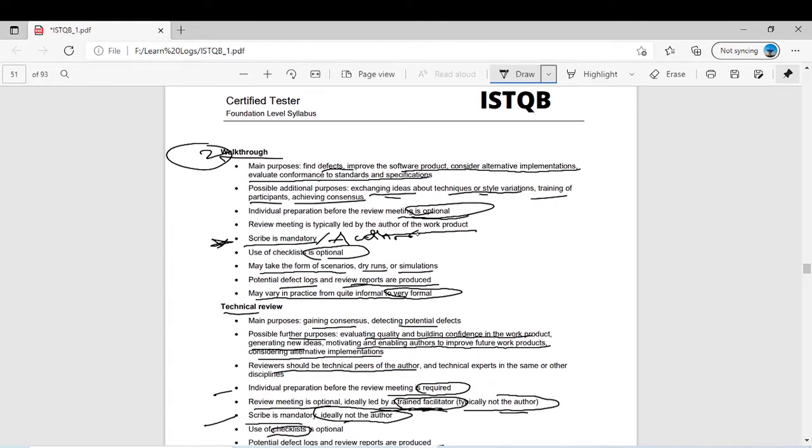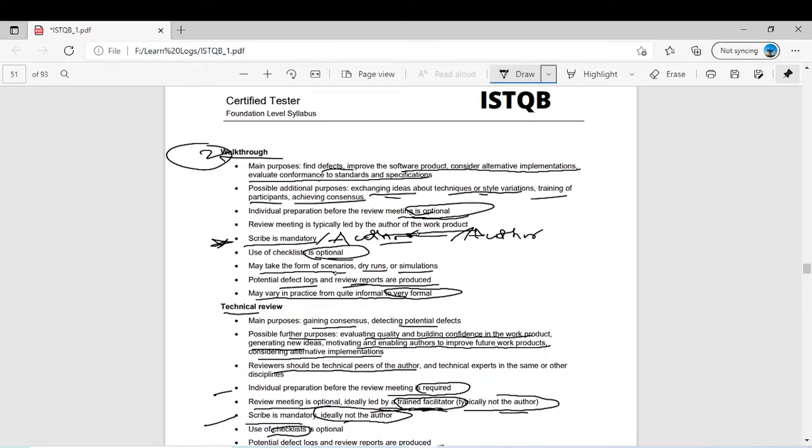Normally, as we will see in detail in the formal review, a review meeting is typically led by the author of the work product. There is no review leader, no management in the meeting. A scribe is mandatory, to note down the points of what happened in the meeting. Only this thing is mandatory, and sometimes even the author does the scribe role.